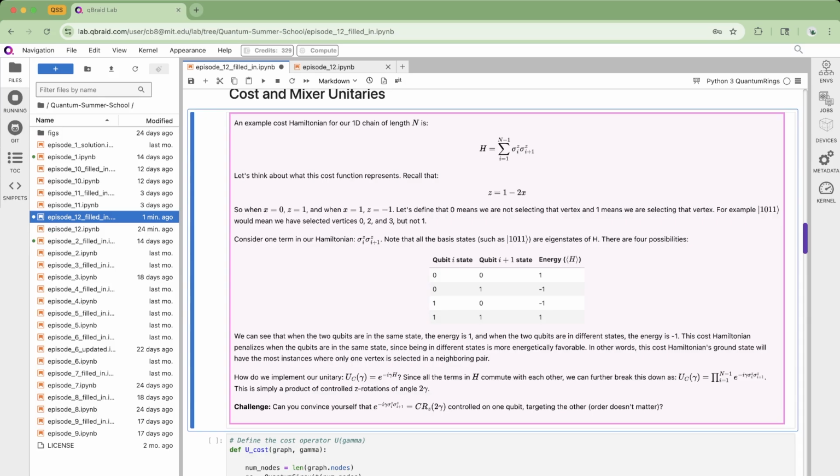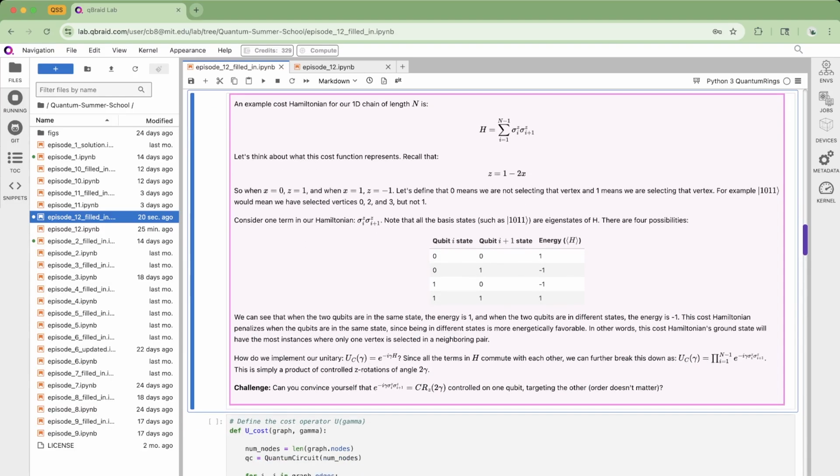And that corresponds to a qubit measurement of 0 or 1. So this is a way to convert between them: Z equals 1 minus 2x. So when x equals 0, Z equals 1, and when x equals 1, Z equals minus 1. So we're going to define that 0 means we're not selecting a vertex, and 1 means we are selecting a vertex. So for instance, 1, 0, 1, 1 would mean we selected vertices 0, 2, and 3, but not 1.